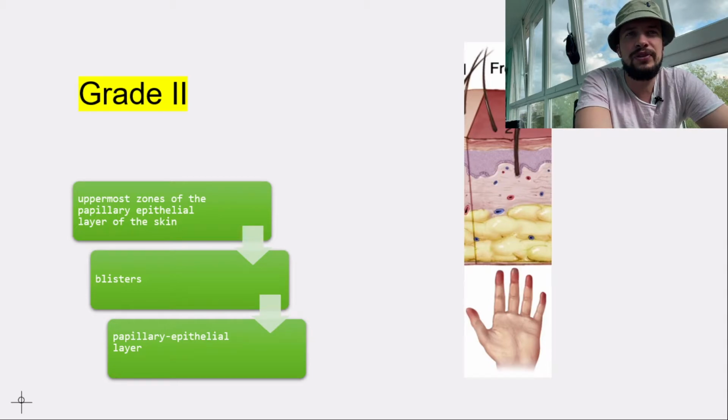Tense blisters filled with clear exudate appear. The bottom of the bladders is represented by the papillary epithelial layer of the skin, covered with fibrin sensitive to mechanical and chemical stimuli. Granulations and scars at the site of the lesion do not occur in the future.